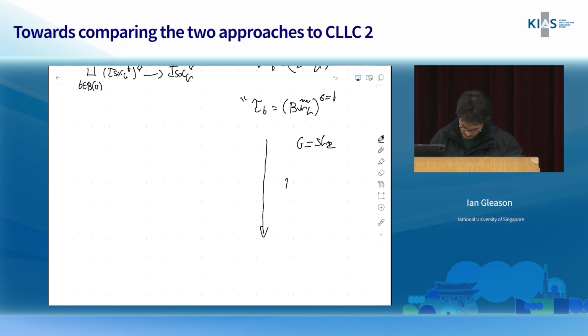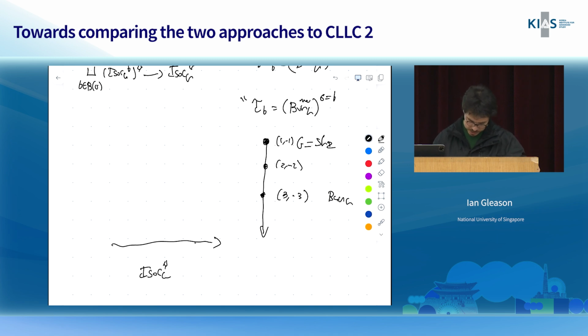You have some axis Bun G, and you have some axis Isoc G. And here there's one basic stratum, 1, minus 1, then you have 2, minus 2. You have 3, minus 3. But because you have the reversal of topologies on the Isoc axis, things get reversed.